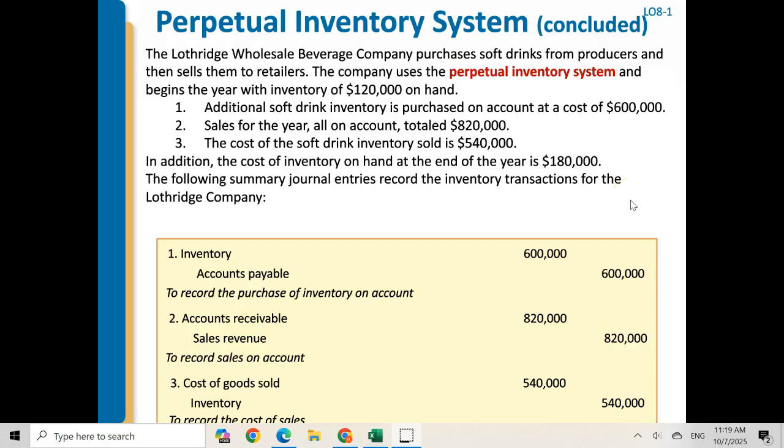Let's go through an example of the perpetual inventory system and how we record the entries when items are purchased and sold. So in this example, the Lothridge Wholesale Beverage Company purchases soft drinks from producers and then sells them to retailers. So they don't manufacture it, so they are a merchandiser and they sell merchandise inventory.